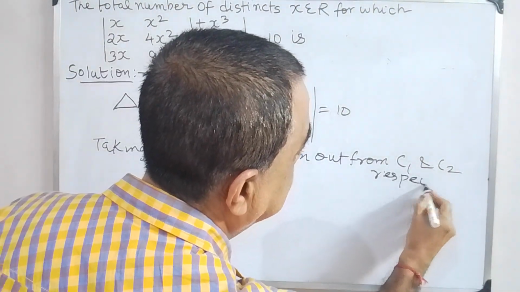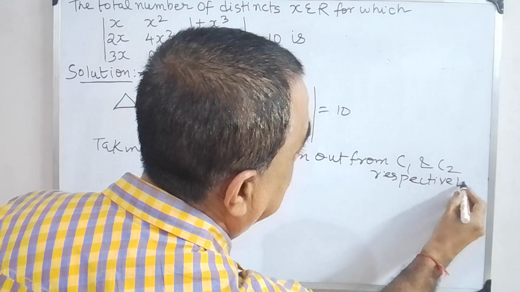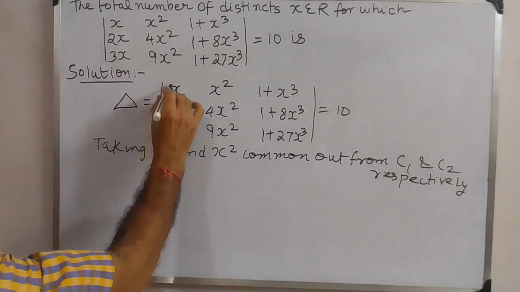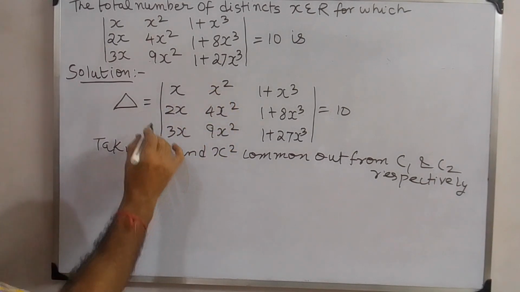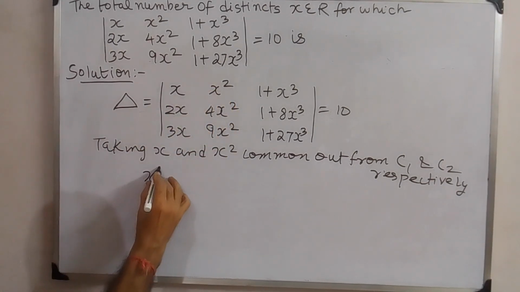Clear? Now if I take x common from the first column and x squared from the second, x into x squared will be x cube.